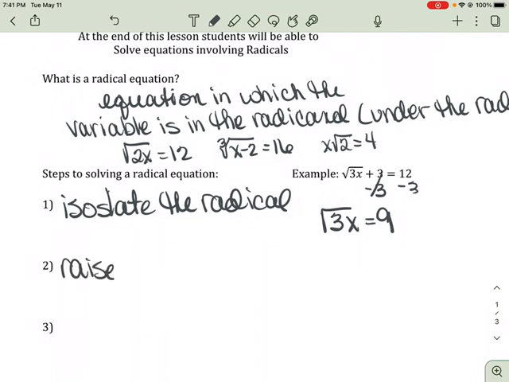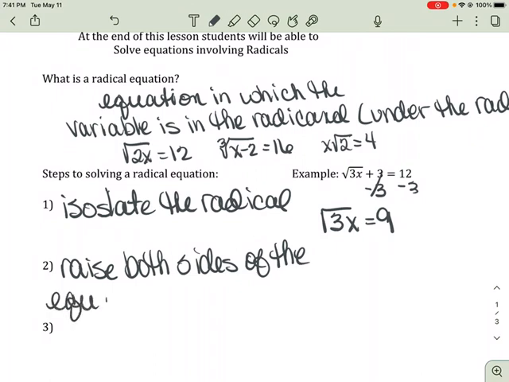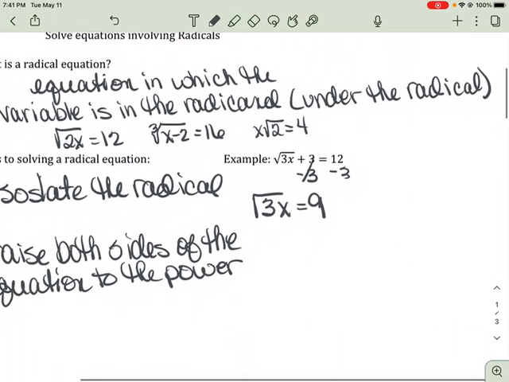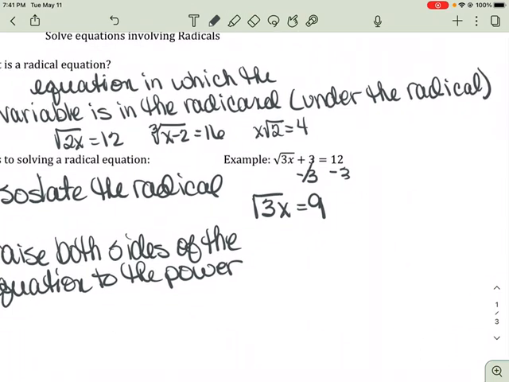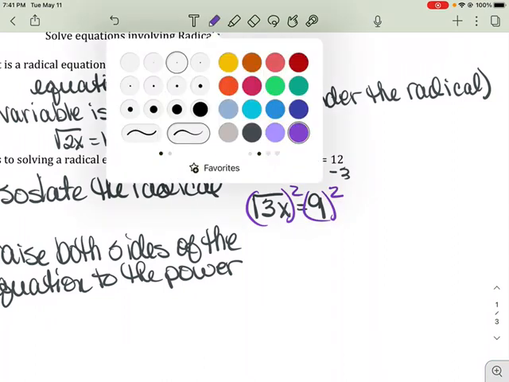So here, we're going to raise this to the power of 2 because it's a square root.